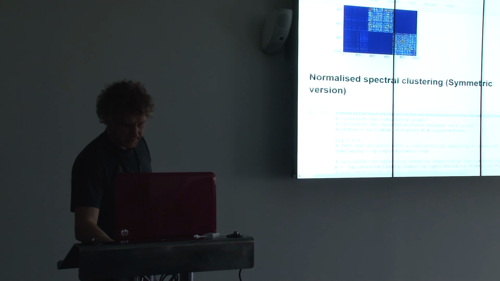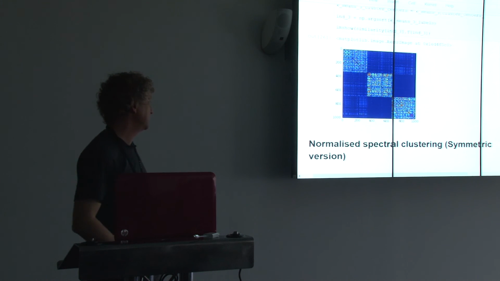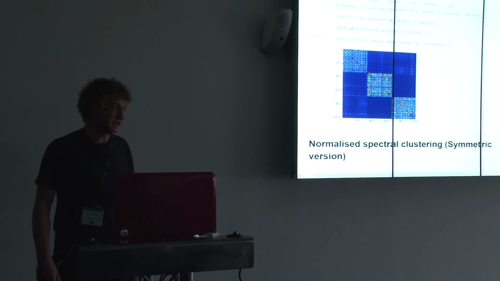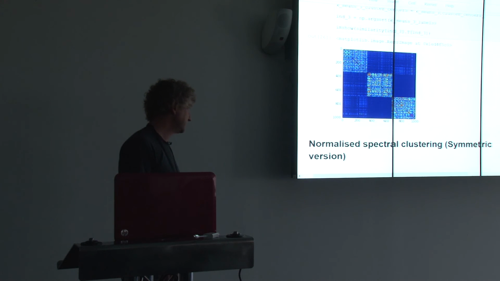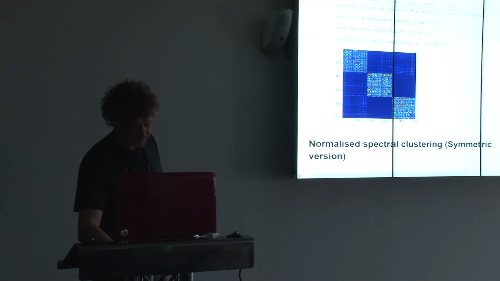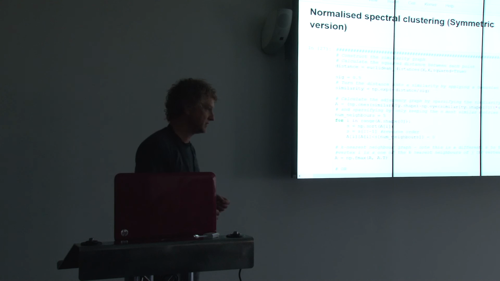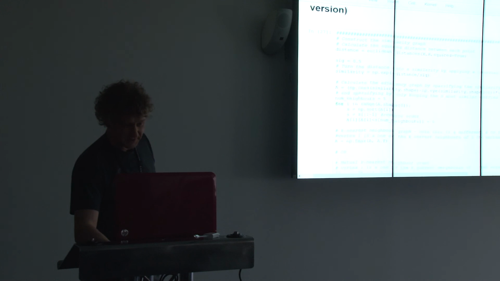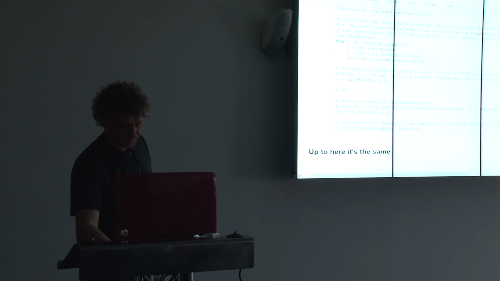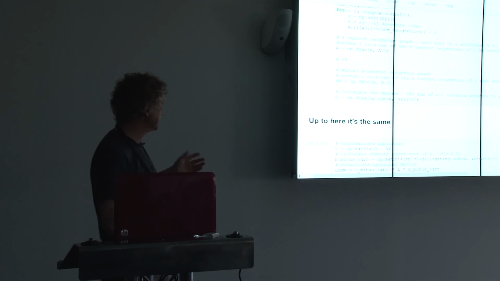So there are a number of different approaches to doing this. There's basically an unnormalized one, which is what I've just described, and then there's a normalized version. In fact, there's 2 normalized versions. And basically, the difference is in the construction of the graph Laplacian. So the first normalized version is the so-called symmetric version, where up until the point at which we start constructing the graph Laplacian, everything is the same.